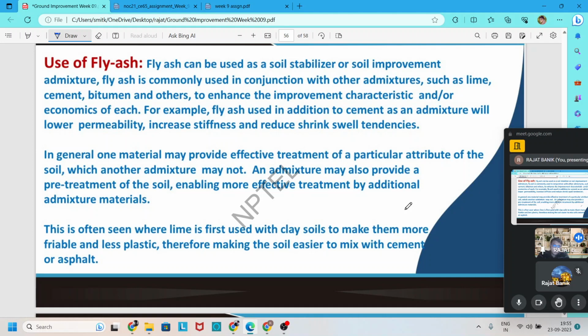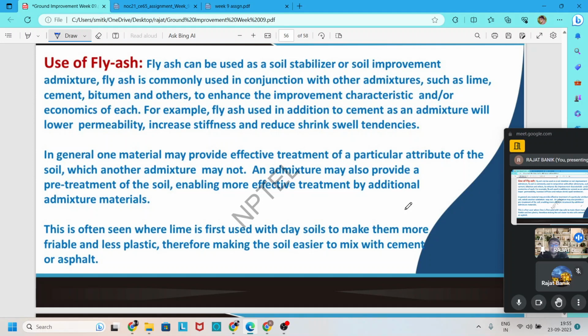An admixture may also provide a pre-treatment of the soil, enabling more effective treatment by an additional admixture material. This is often seen where lime is first used with clay soil to make it more friable or less plastic, therefore making the soil easier to mix with the cement.